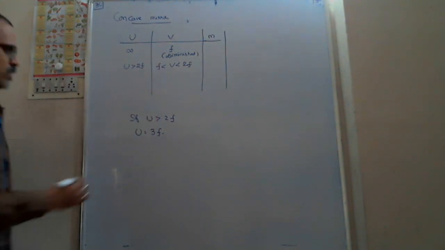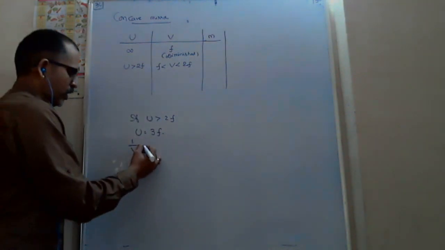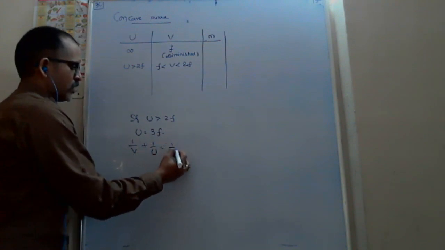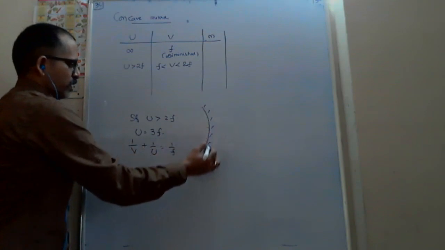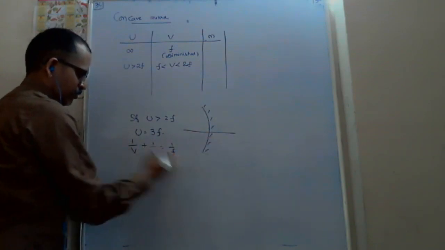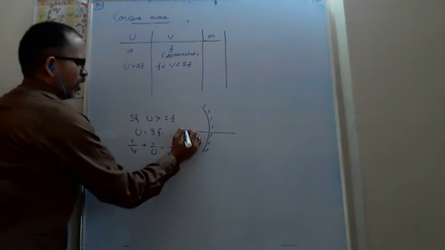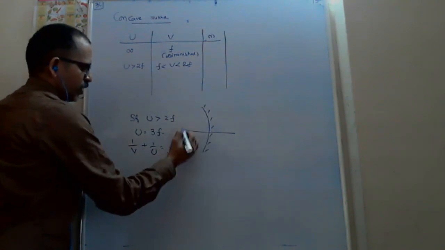The image distance, according to the formula 1/v + 1/u = 1/f. Already I told that for a concave mirror the focal length is negative. The object we generally take in front of the mirror.